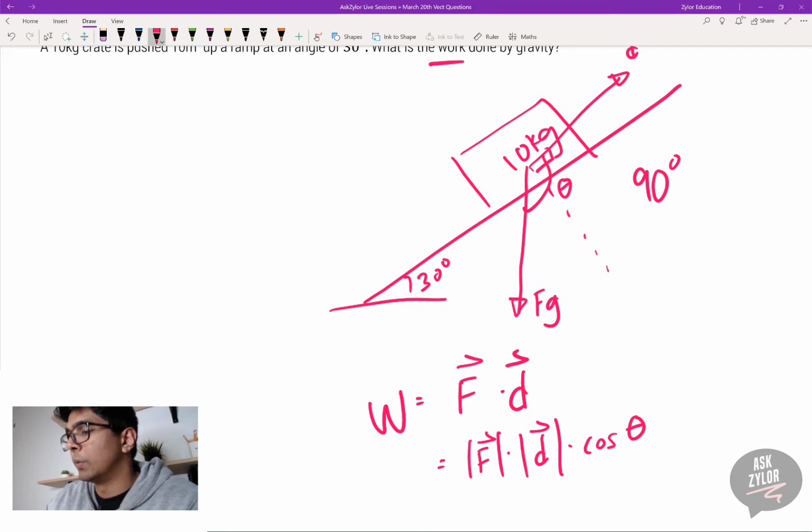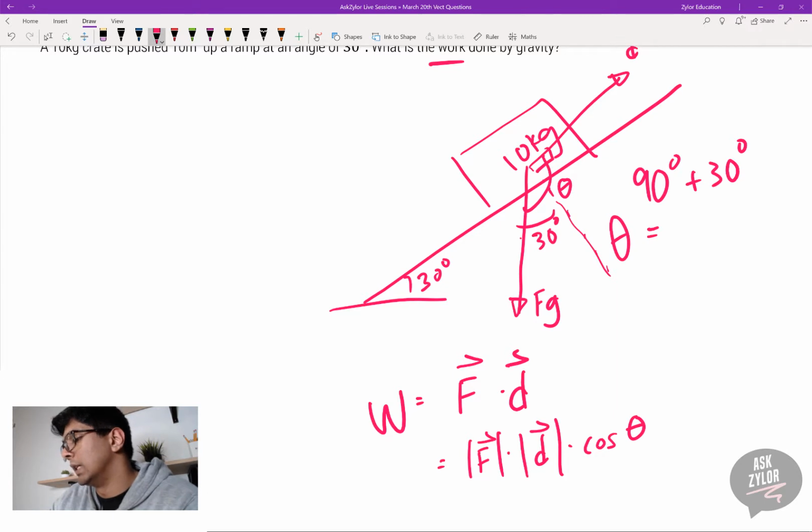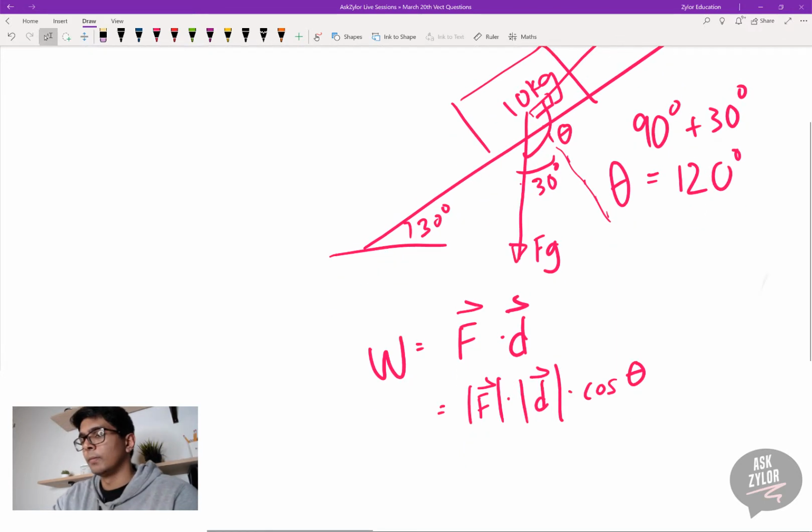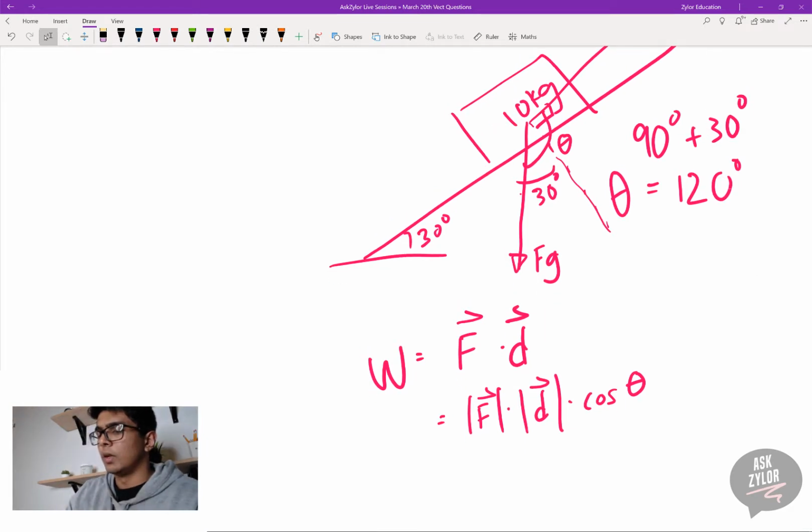So the difference between this vertical line here and this perpendicular line is going to be the 30 degrees, which is the incline. So I'm just going to add those two up to tell me what the total angle is. So my total angle is going to be 90 plus 30, so it's going to be 120 degrees. So I found my theta. It's 120.